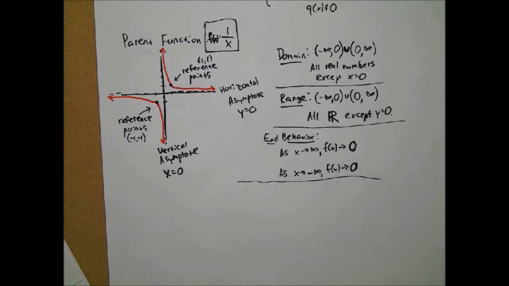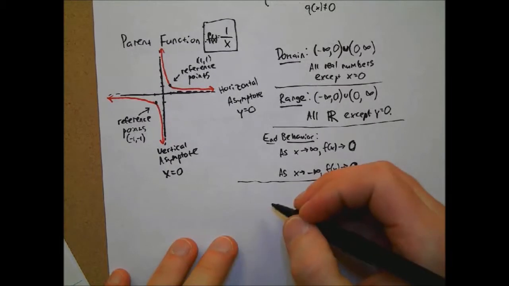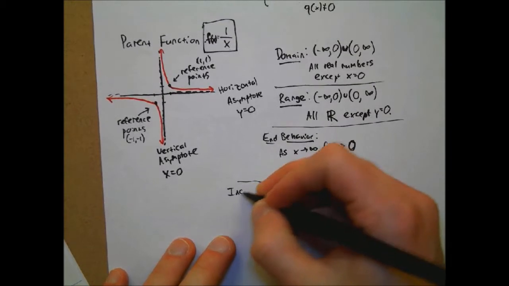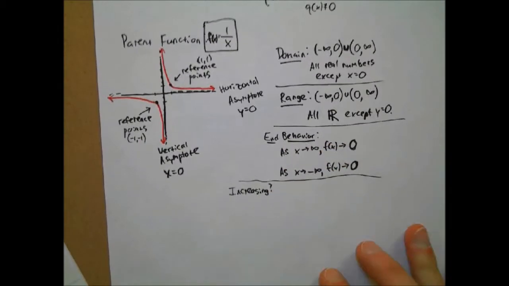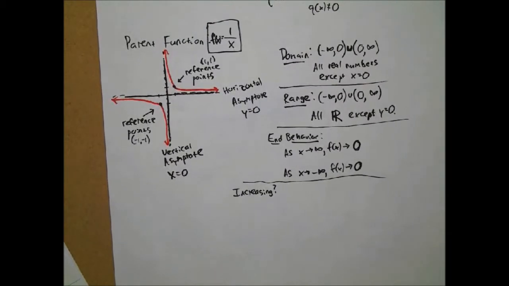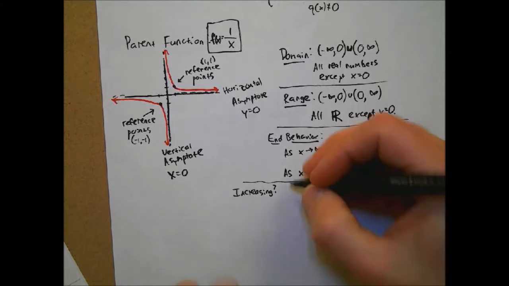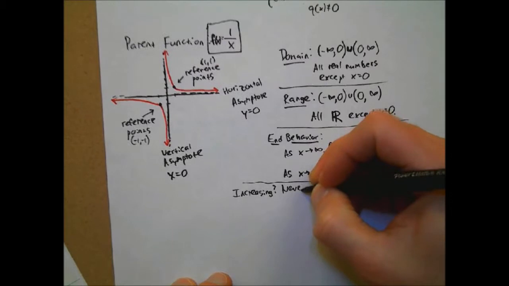All right, let's talk about where this function is increasing. Is this function ever increasing? Are we ever going up from left to right? Remember, for increasing, you have to go up from left to right. No, we are not. Are we ever decreasing?